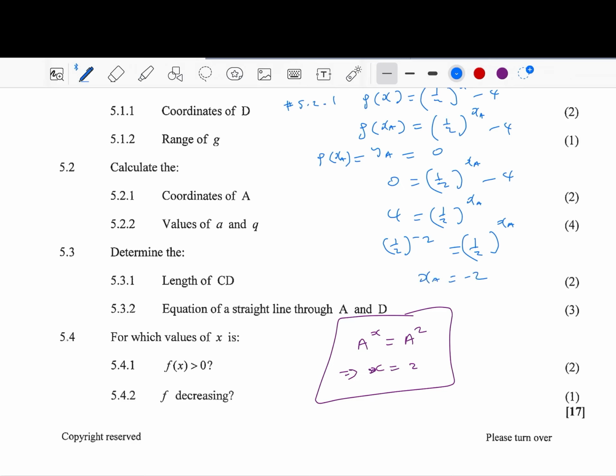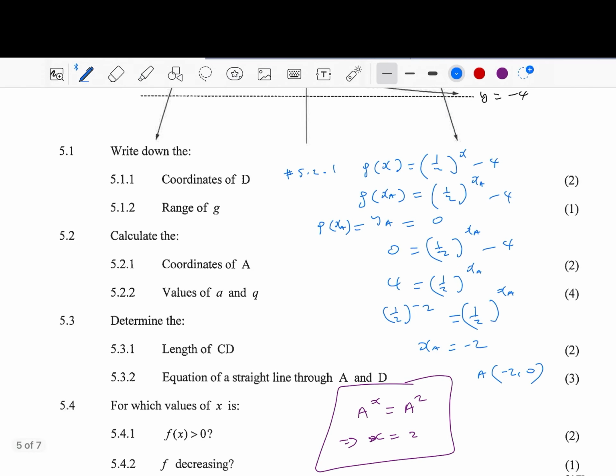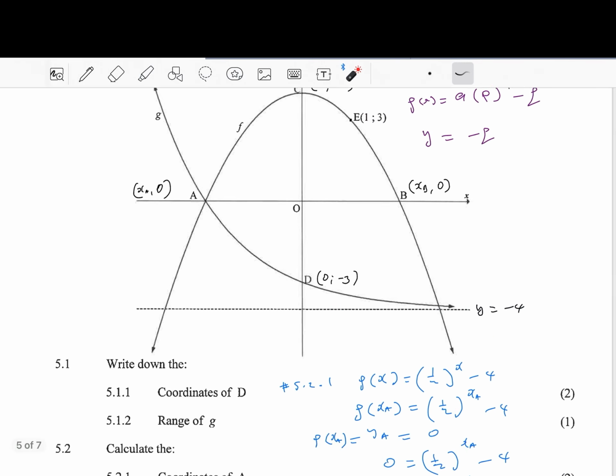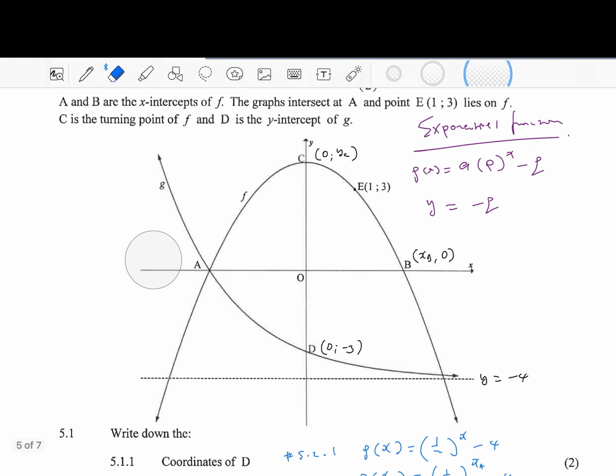So that x value of A is negative 2, so A is negative 2 and 0. And that's your answer, and that's 2 marks, so you get your mark and your mark over there. Right, so we find the x value of A, so let's write that down.